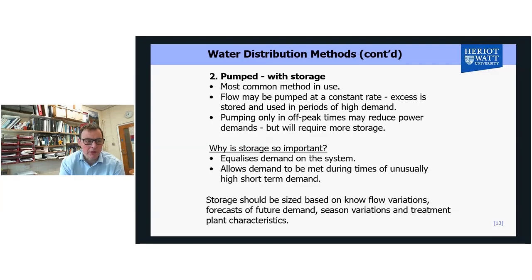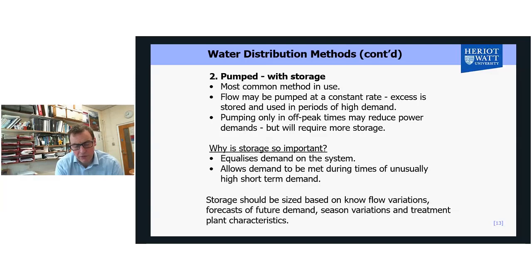So pumped with storage is much more common. You're treating and pumping flow to storage at a constant rate, so you don't have to vary the rate at which you're treating your raw water or the rate at which it's pumped. You manage the peak by making sure your storage is full at the start of that peak time.